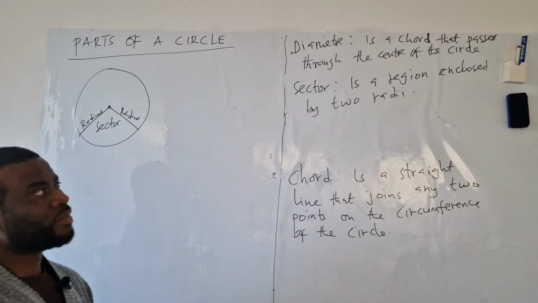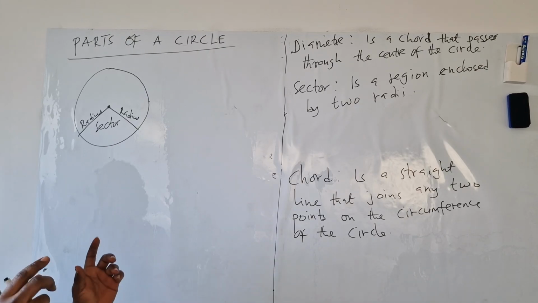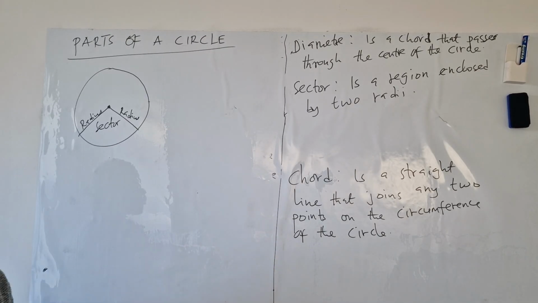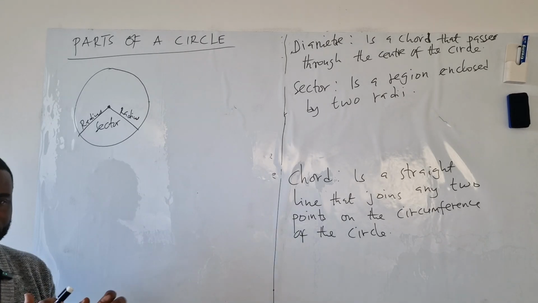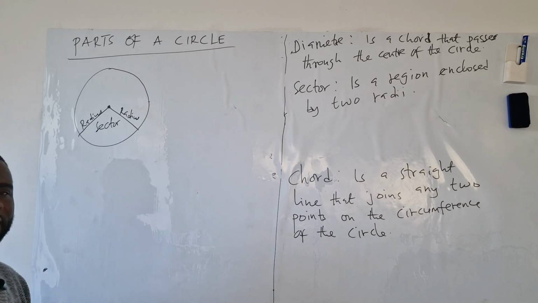It's a region bounded by or enclosed by two radii. That is a sector. So anytime you have two radii within the circle, that region bounded by the two radii, we call it a sector.